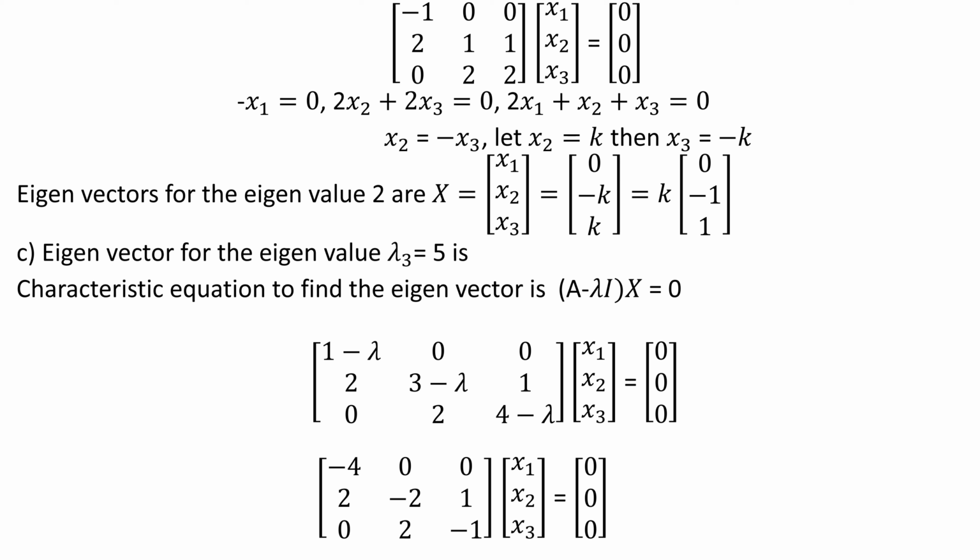So after substituting lambda is equal to 2 in the previous equation, that will be minus 1 0 0, 2 1 1, 0 2 2 into x1 x2 x3 is equal to 0 0 0.